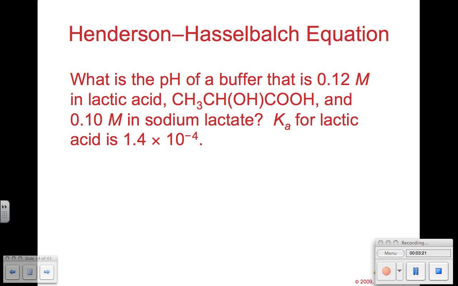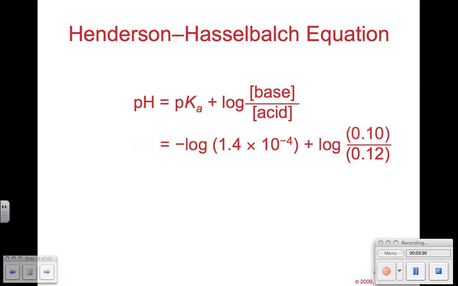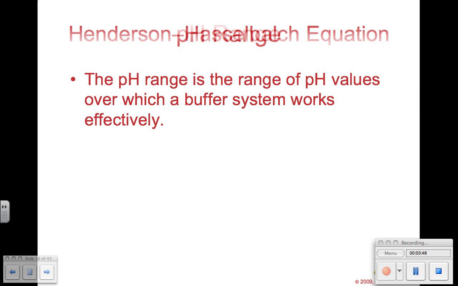So we've got some initial concentrations: the initial concentration of the weak acid, and the initial concentration of the salt, the conjugate base. You have 0.10 for the base and 0.12 for the acid, and take the Ka value, which was given, and then just solve. So your pH is 3.77.